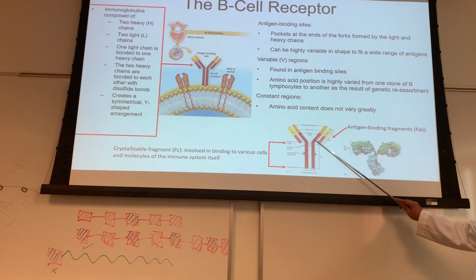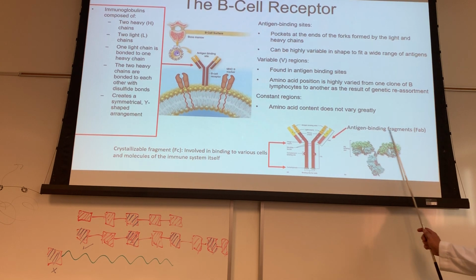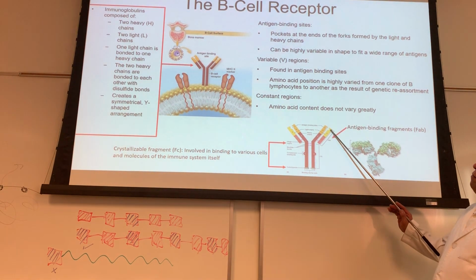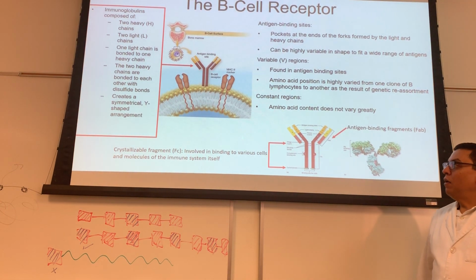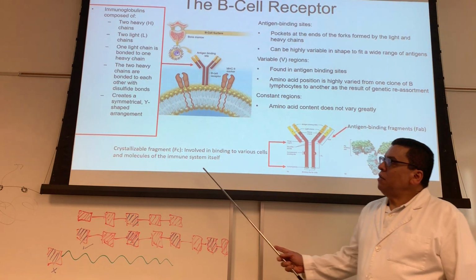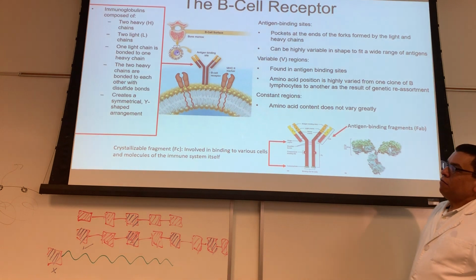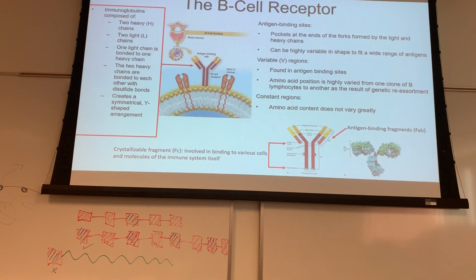So this arm of the Y and this arm of the Y is called the antigen binding fragment, the FAB region. More specifically, the variable region is where the antigen binds. This region here is called the FC region, the crystallizable fragment. And it's involved in other things, and we'll see if we can touch up on that later.